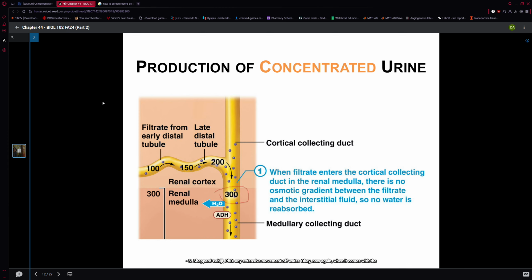Now, when it comes to the ability to form concentrated urine, we are depending on the presence of hormones. We're going to utilize ADH, and ADH will lead to the upregulation of aquaporins, which will allow for movement of water out of the filtrate into the interstitial fluid. But at this point, there's no gradient that would drive movement.